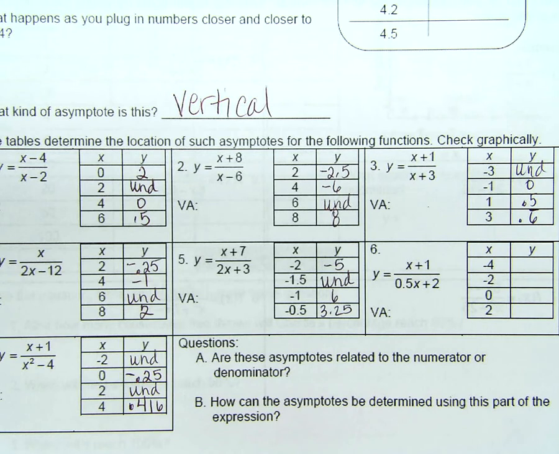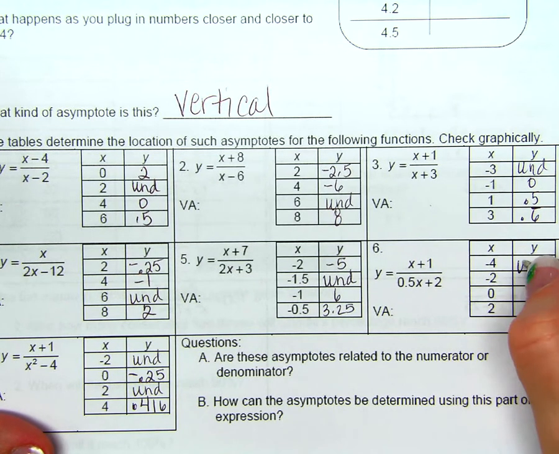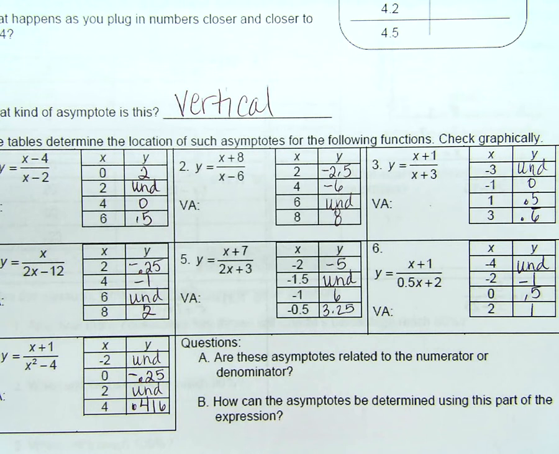Okay. All right, there's number 6. I have number 6. I just did it, but thank you.